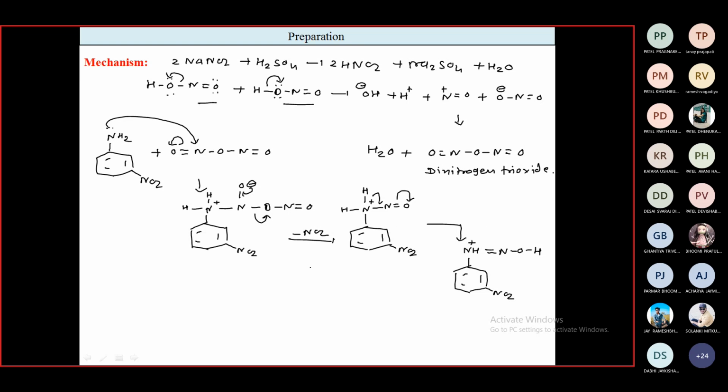What is the next step? Another proton from here is attached with this one, so you get OH2 plus. A proton is removed from here and goes with the oxygen atom.